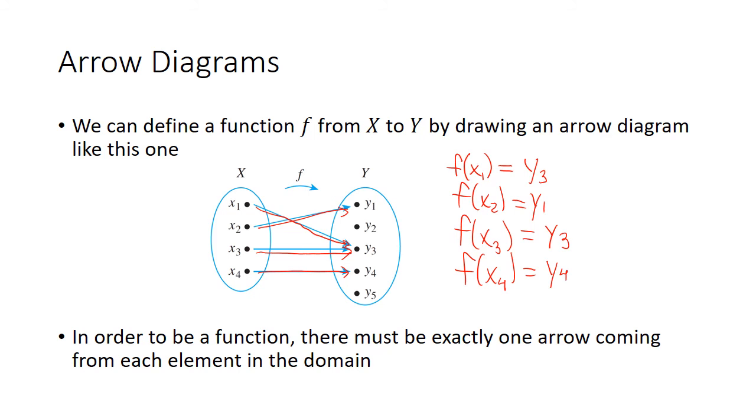And if you want to check the conditions of being a function, you need everything in the domain to have some output associated with it, and all four of those elements in the domain do have an output. You also need that there is not more than one output for any input. So you need exactly one arrow coming out of each element in the domain, and then it will be a function.